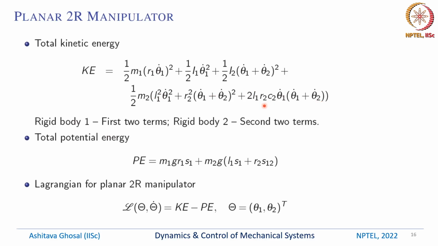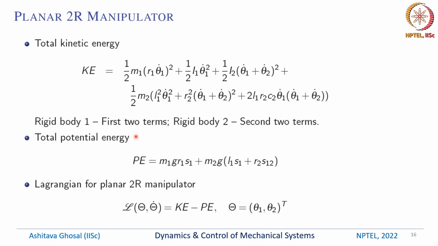We are doing the kinetic energy of the first link plus the kinetic energy of the second link, and we know the angular velocity of the first link and of the second link, and similarly the linear velocity of the center of mass of the first link and of the second link. So for rigid body 1 we have these two terms, and for rigid body 2 we have the second, third and fourth terms.